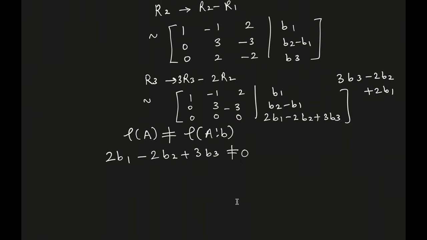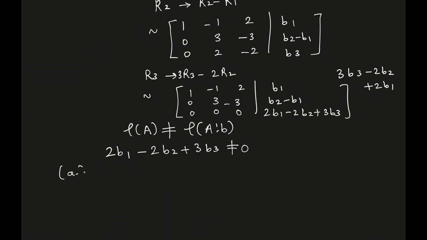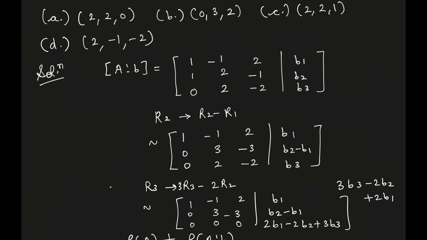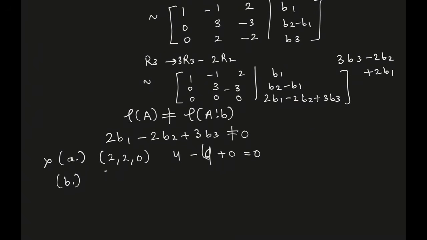So A part, 2 2 0. So 2 into 2 is 4, minus 6 plus 3 into 0, this was 0. Option A is discarded. Option B, 0 3 2. So minus 6 plus 6 again 0.